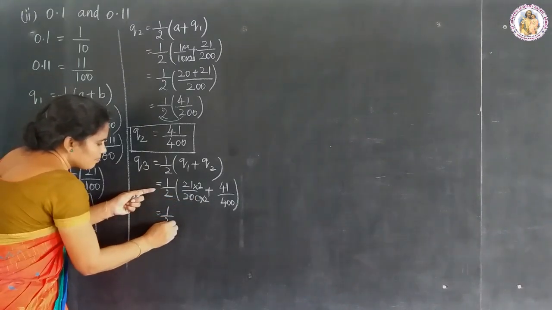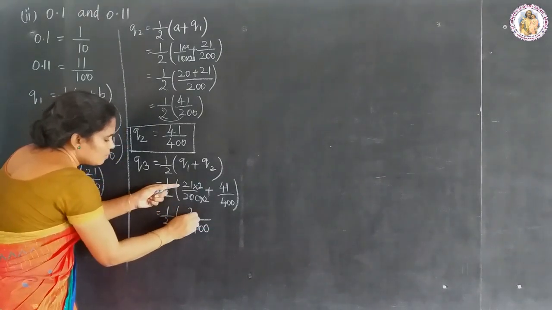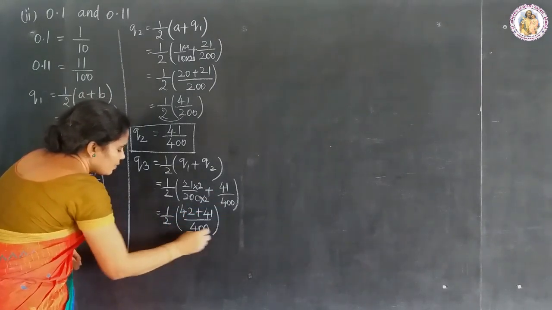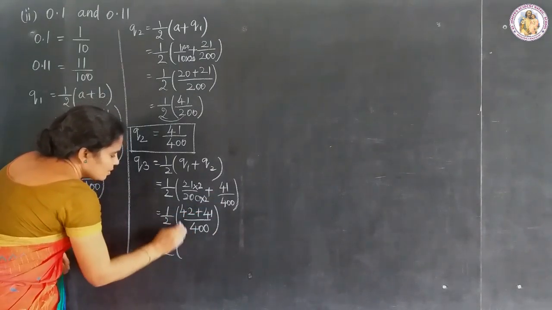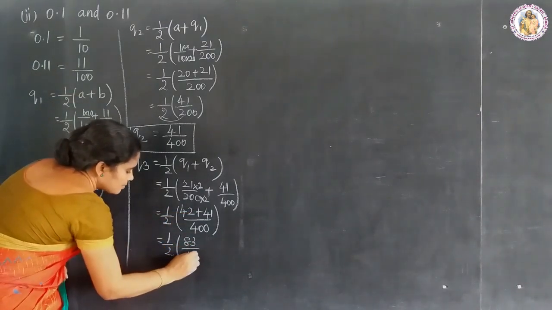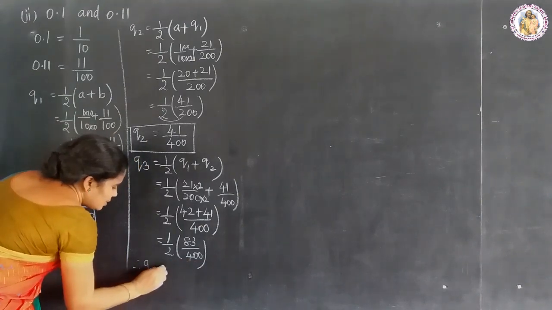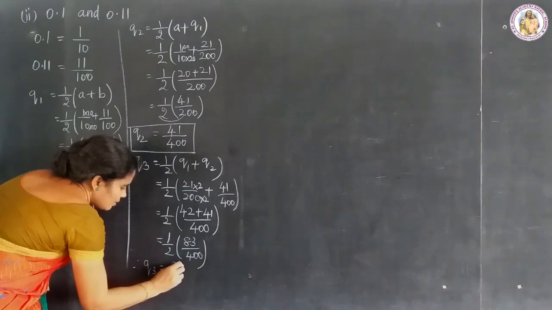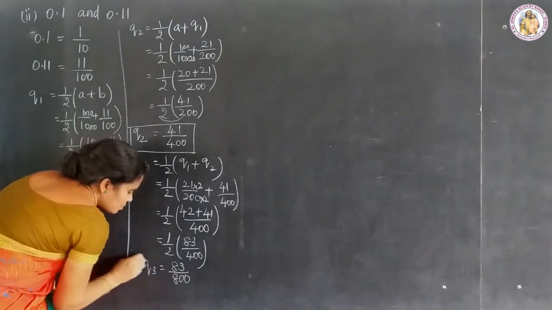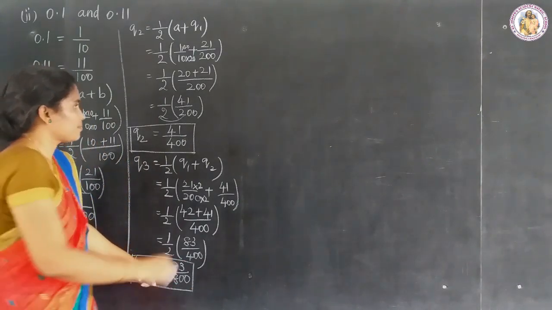So 1 by 2 into 400. 2 ones are 2, 2 twos are 4 plus 41. So 1 by 2, 42 plus 41, 83 by 400. So therefore Q3 is equal to 1 into 83, 83, 4 twos are 8, 00. So Q3 is equal to 83 by 800.